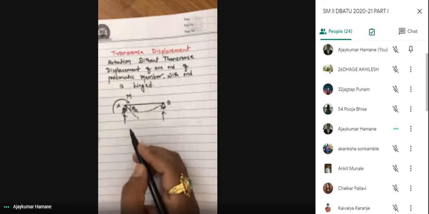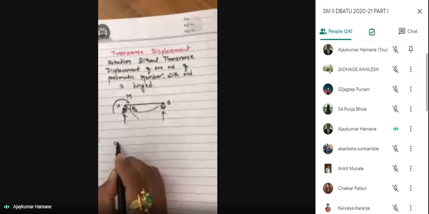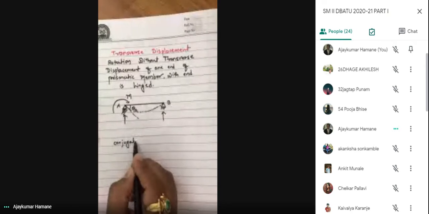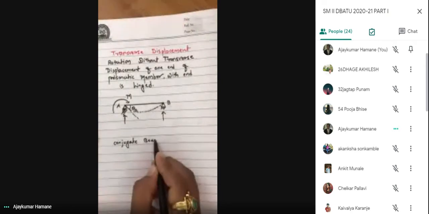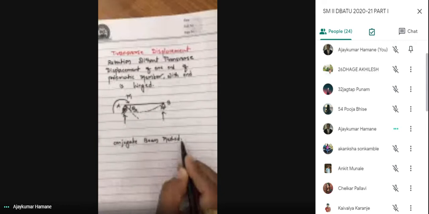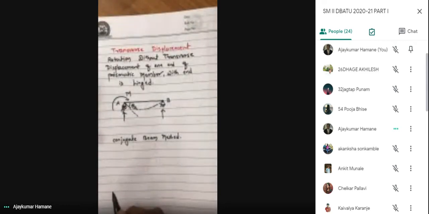Do you know what the conjugate beam method is? Students, have you studied this one? How to find out the displacement and deflection?